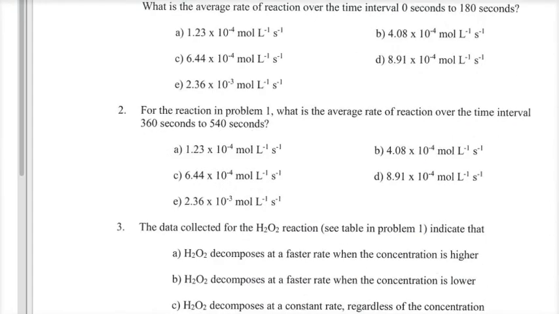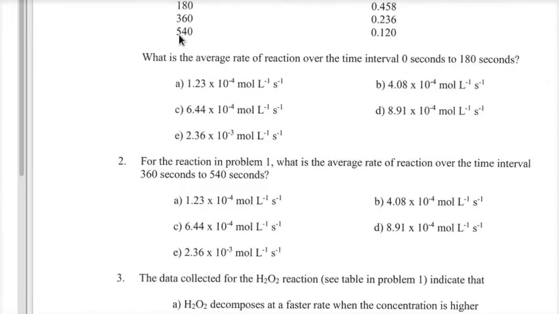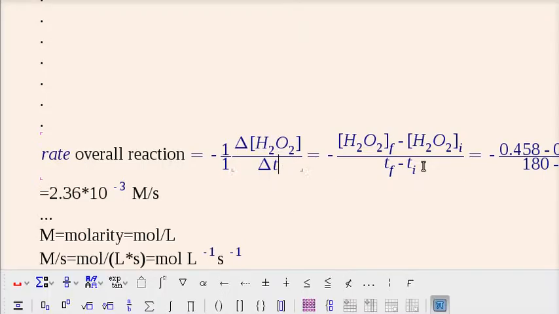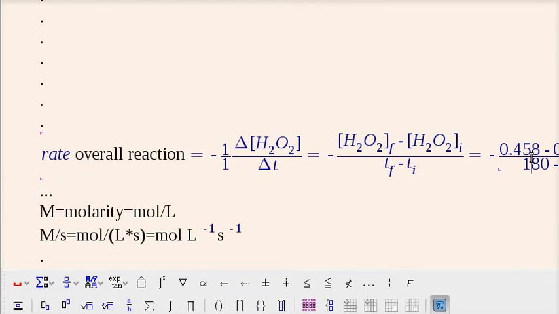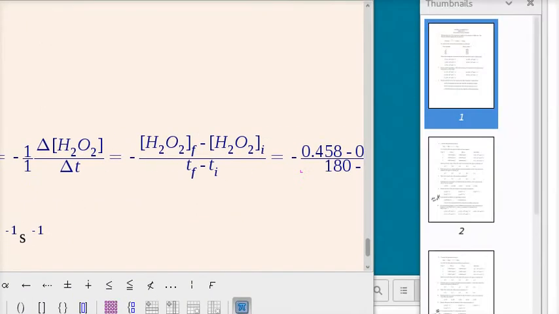For number 2, for the reaction in problem 1, what is the average rate of reaction over the interval? You just do the same process: final minus initial. I'll take what we had already and change some numbers.